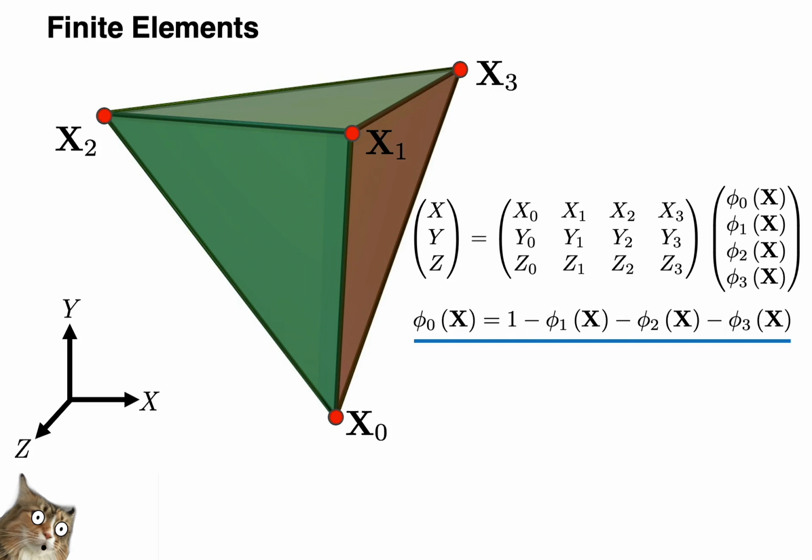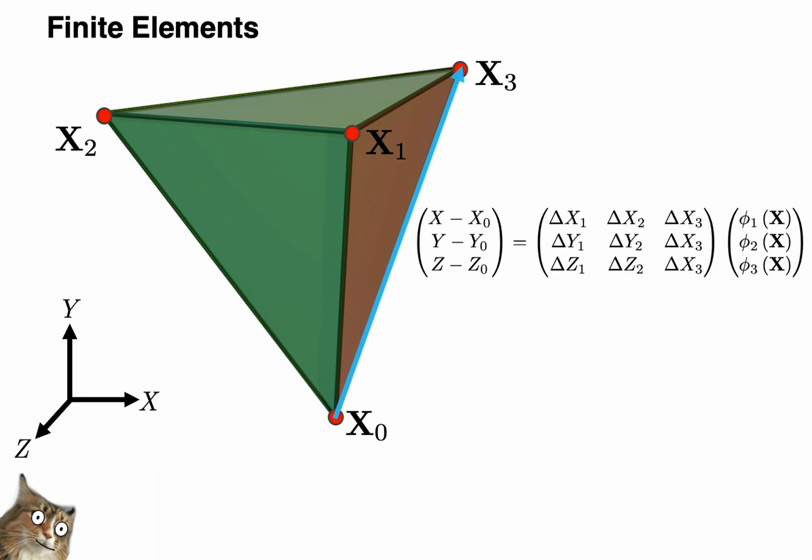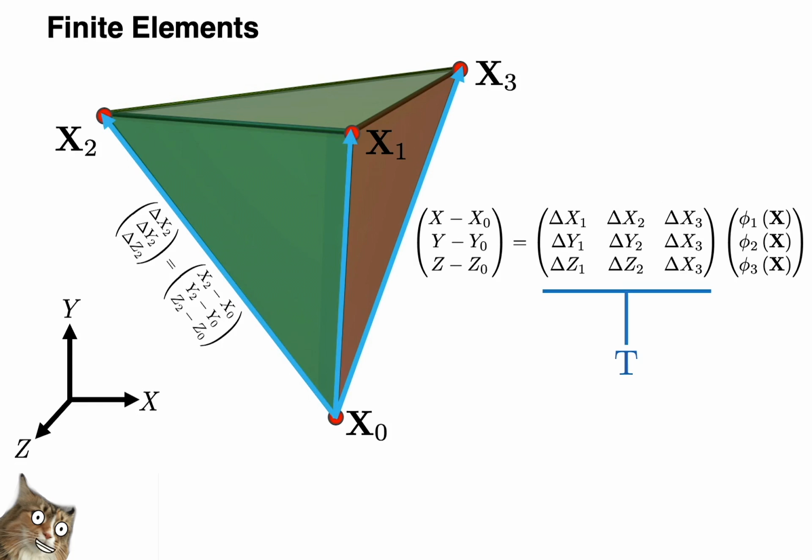We can use our new equation to eliminate one variable from our system. In this case, we will decide to set phi sub 0 to be 1 minus phi sub 1 minus phi sub 2 minus phi sub 3. Now, via direct substitution for phi sub 0, we arrive at the following system of equations, which introduces the matrix T. Each column of T is an edge vector pointing from capital X0 to another vertex in the tetrahedron.